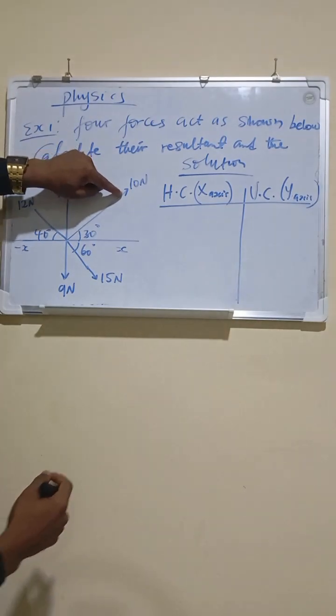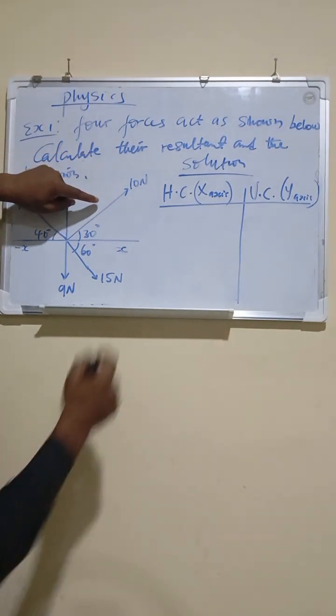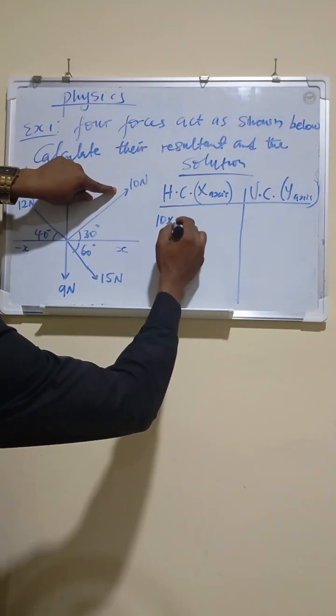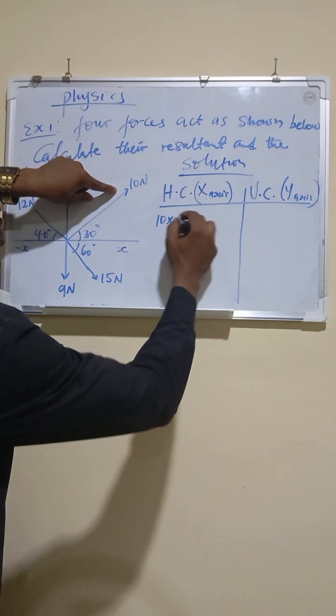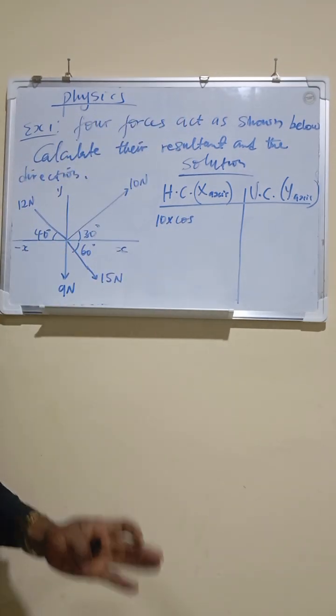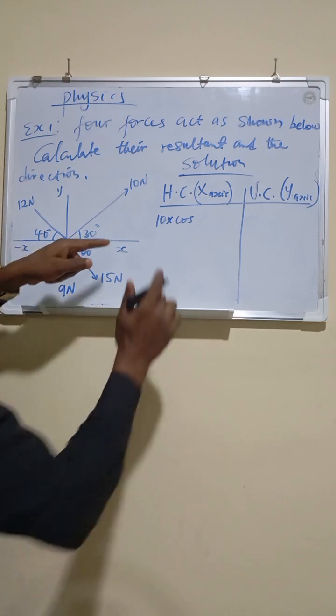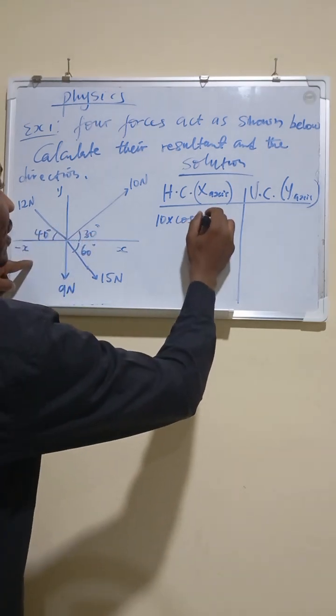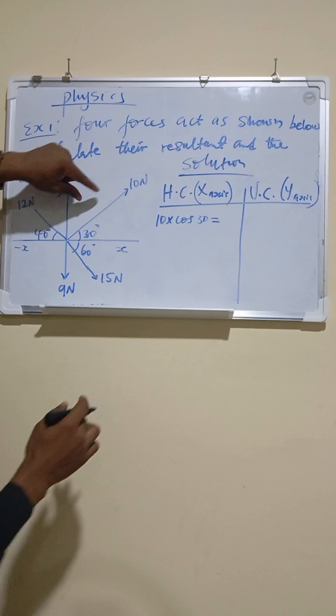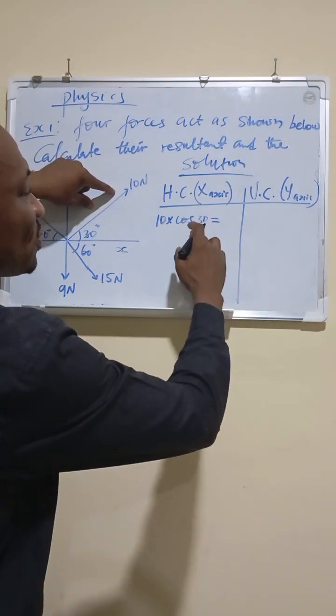So now this force is 10 times cos. For the horizontal axis it is cos, and for the vertical axis it is sine. This is cos 30 degrees. You will press your calculator and find what cos 30 is.